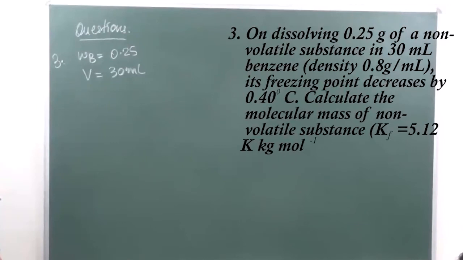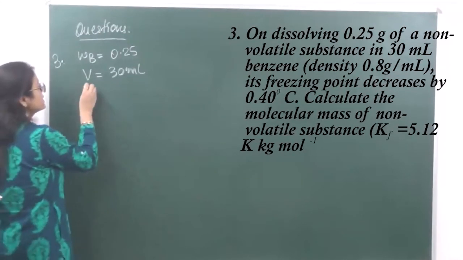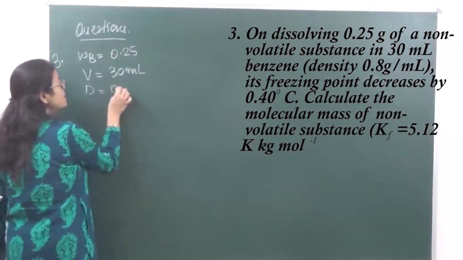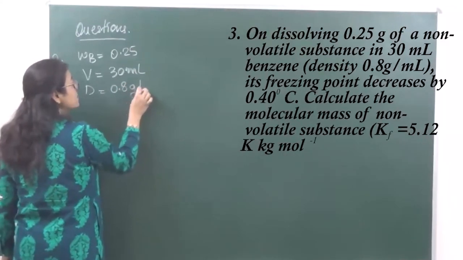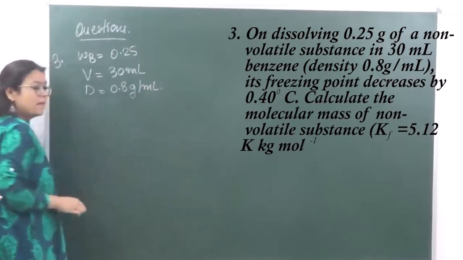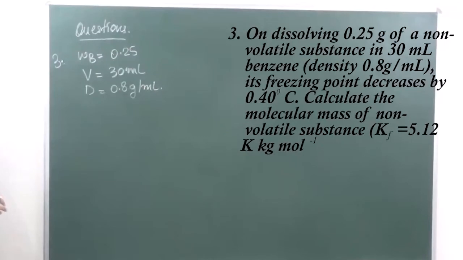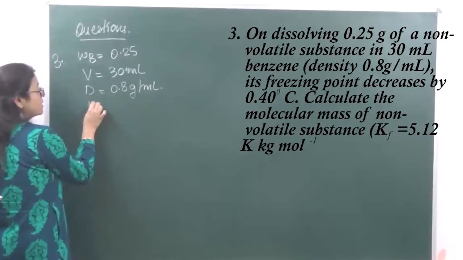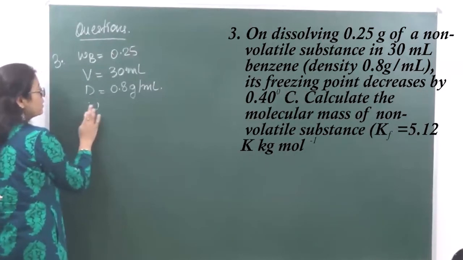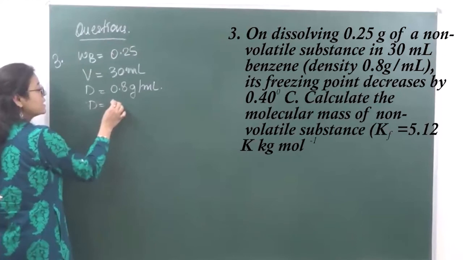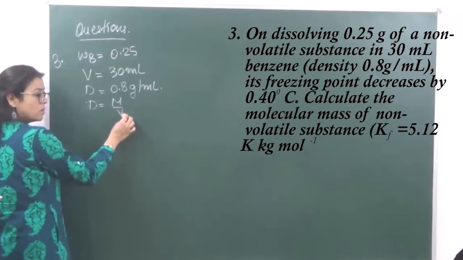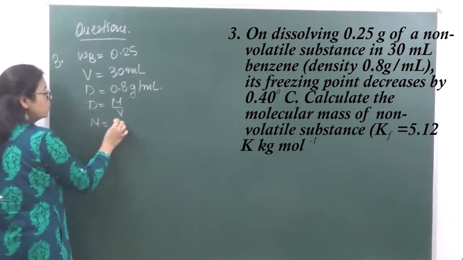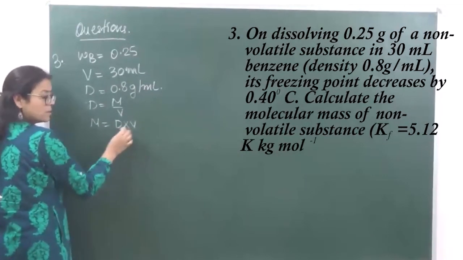And the density of benzene is also given to us as 0.8 grams per ml, right? So we will have to calculate Wa. We know that density is equal to mass upon volume. So mass will become equal to density into volume.